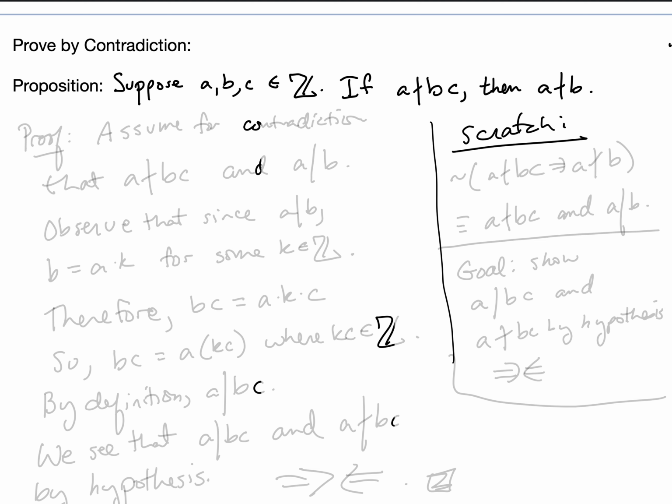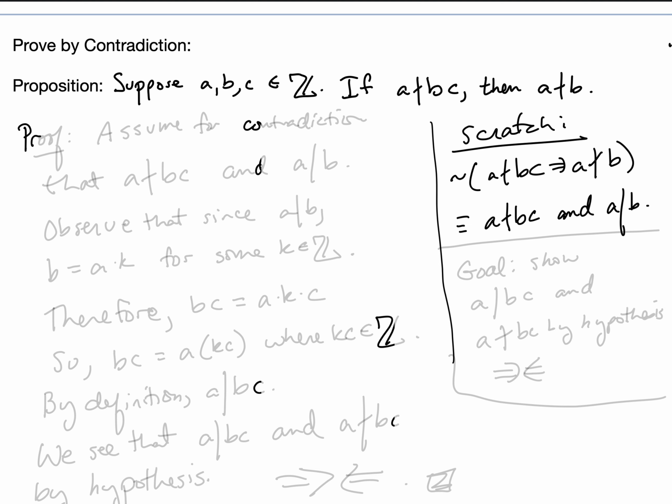So if we're doing a proof by contradiction, we want to negate the statement that A does not divide BC implies A does not divide B. And we know that more generally, the negation of P implies Q is P and not Q. So this is logically equivalent to P being true, A does not divide BC, and A does divide B, the negation of A does not divide B. So that's what we're going to assume to begin with.